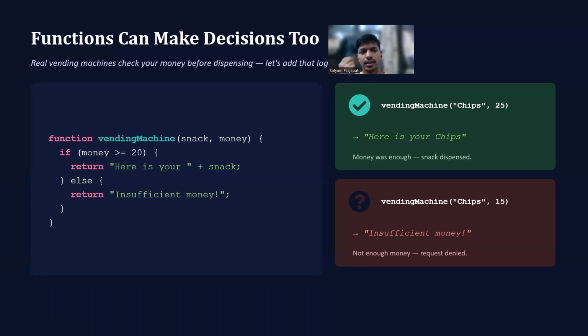In that case you serve it, otherwise you don't. So the block makes a decision too, and if the money is insufficient, it gives a message according to that decision.